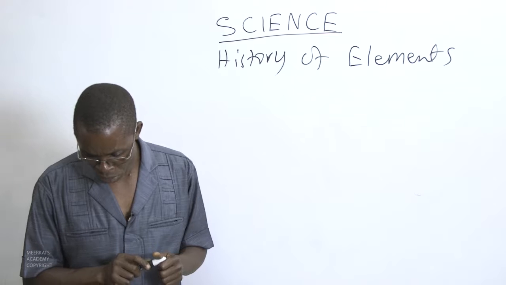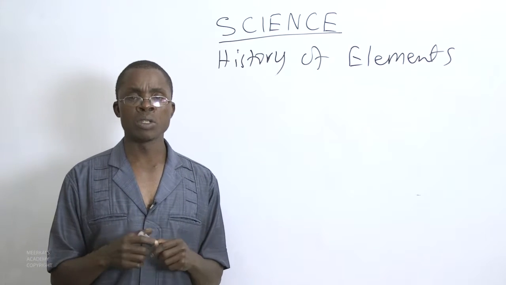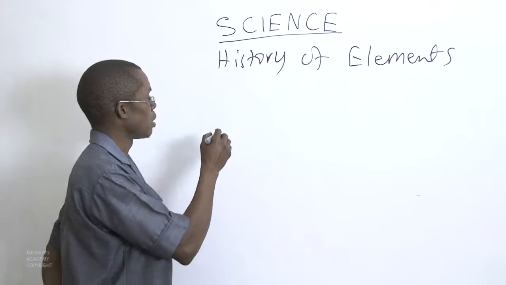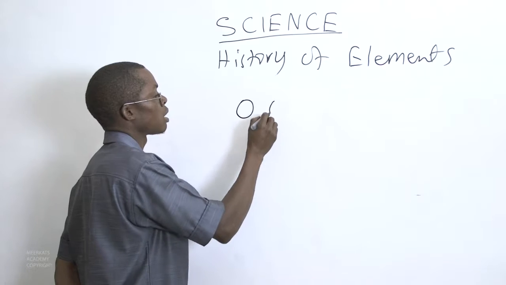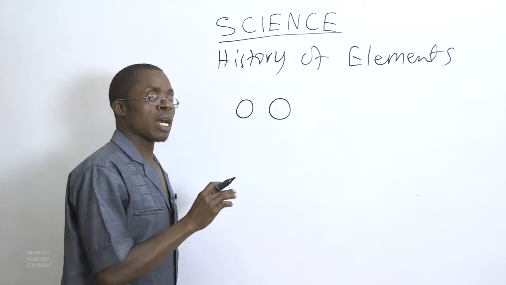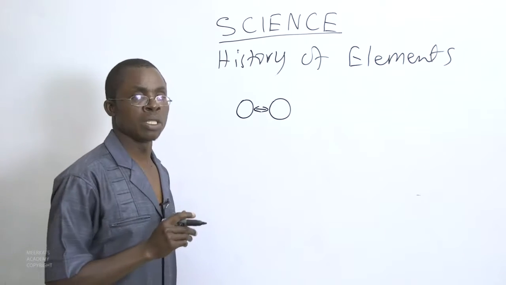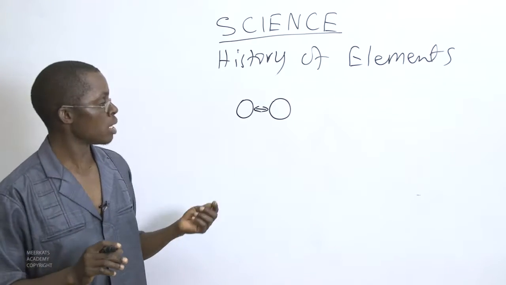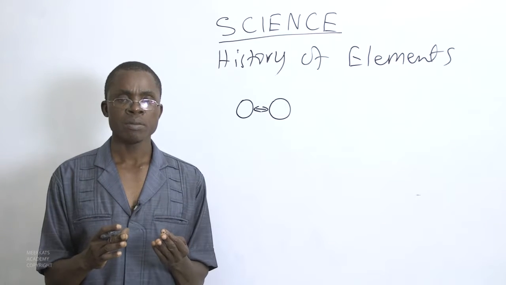And they also said that there is a void between these particles called atoms. So if you have this atom and this atom, to the early Greeks, there is some kind of space between the small particles called atoms. There's a void, a space.